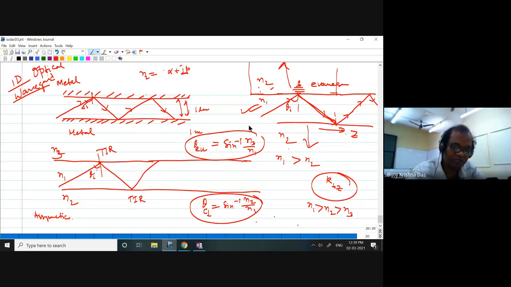Can anyone tell? N1 is greater than N2 is greater than N3. I am asking about the critical angles theta CU and theta CL, where U stands for the upper cladding critical angle and L stands for the lower cladding critical angle.